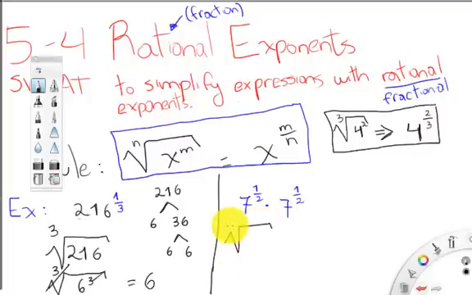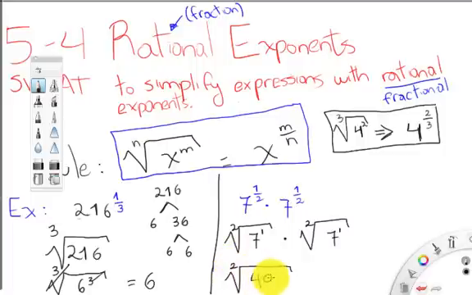In this case, it's going to be a square root. Remember, I don't need to write that, but I'm just doing it to show you. I have 7 to the 1st power. I don't need to write that either. As we have learned, we can just multiply square roots if the indexes match. And what's the square root of 49? The answer is just 7.